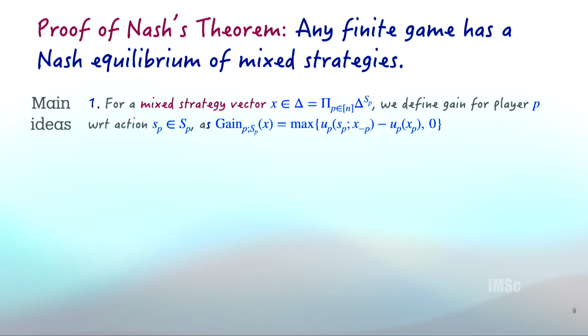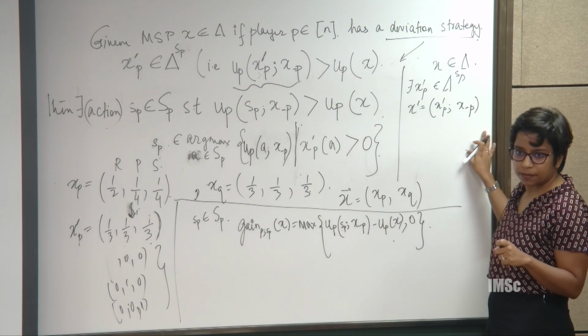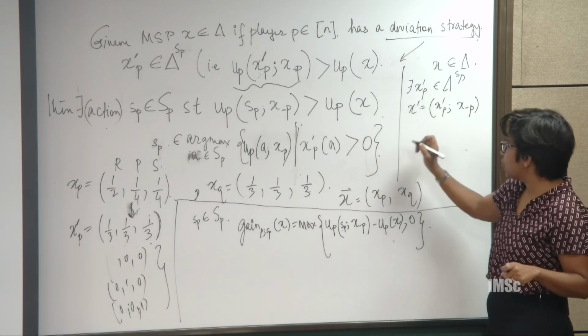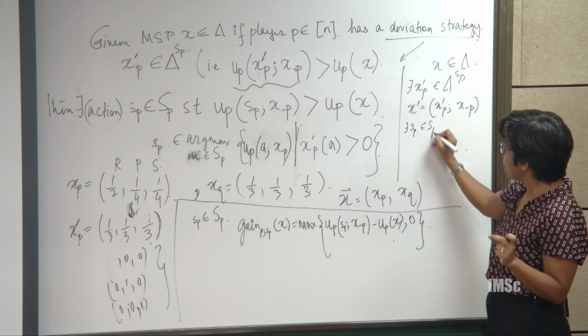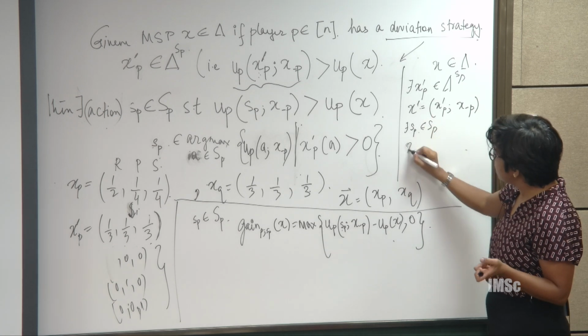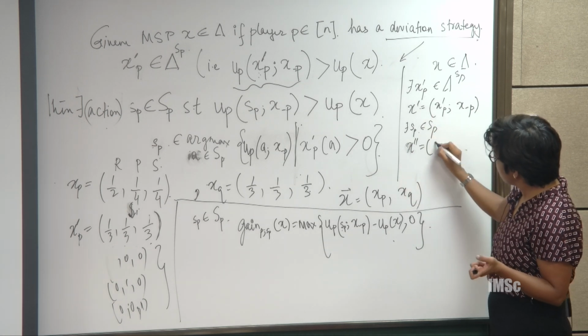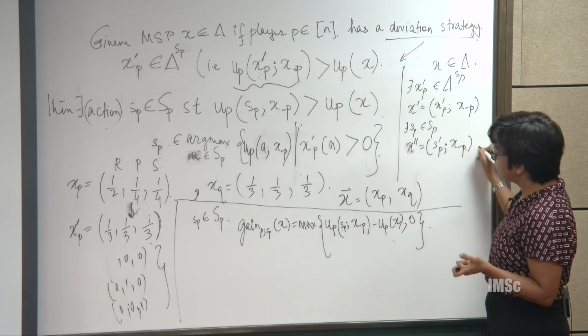So, I define this x prime as this guy switching to this mixed strategy and all others continuing to play this. By this sufficiency condition, there also exists some action sp, such that, you basically don't define x double prime like this, s prime would also be a successful deviation.